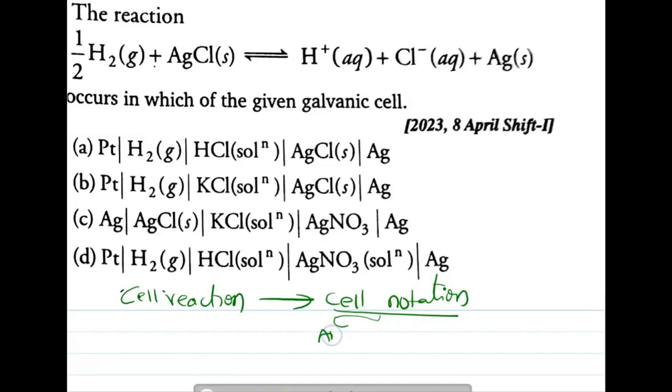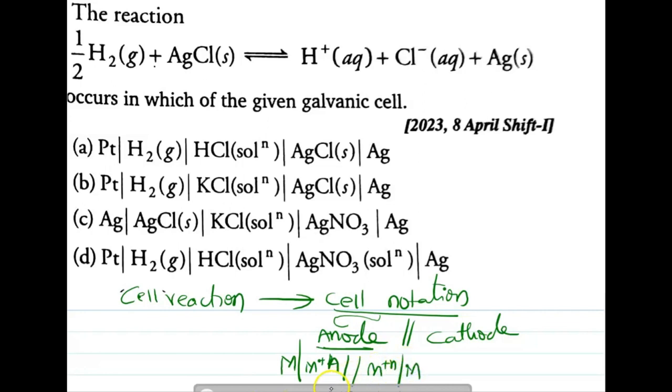When you are notating any cell, first you write the anode, then you notate the cathode of the cell. When notating the anode, first the metal followed by the metal ion; then in the cathode, the metal ion followed by the metal. This is how you need to notate the cell, right?